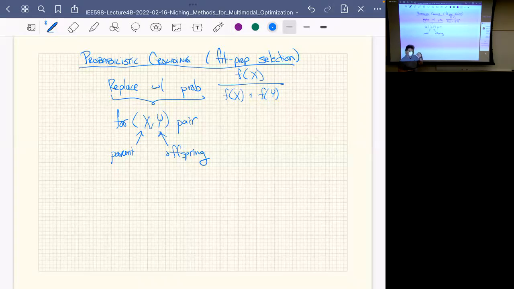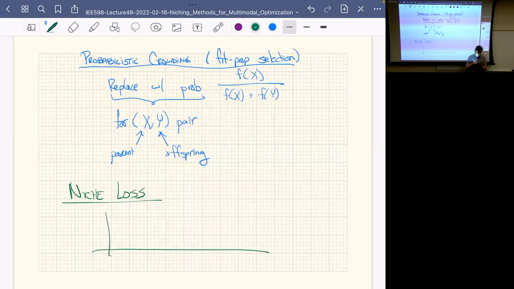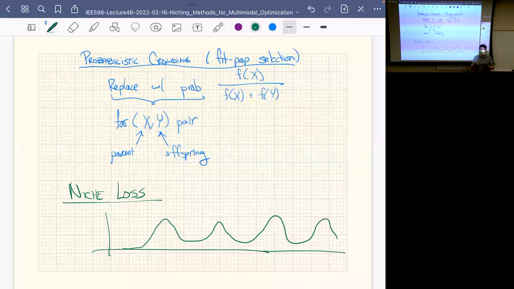Both of these options, deterministic crowding and probabilistic crowding, have this unfortunate problem of niche loss. What is niche loss? What can happen is you've got your optimization objective, and you happen to have 1 parent.